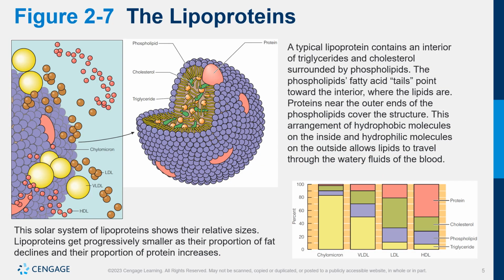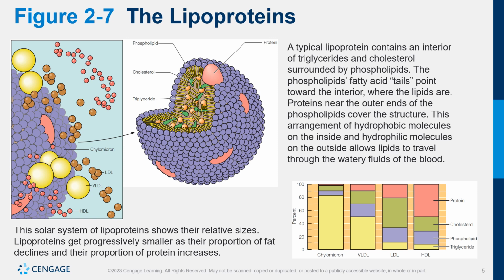In this slide, we can see the relative size of the lipoproteins and their relative makeup. We can see that a lipoprotein is a great big glob of fat that consists of triglyceride and cholesterol surrounded with an outer layer of protein. This outer layer of protein makes them able to move in the watery mediums of the body.